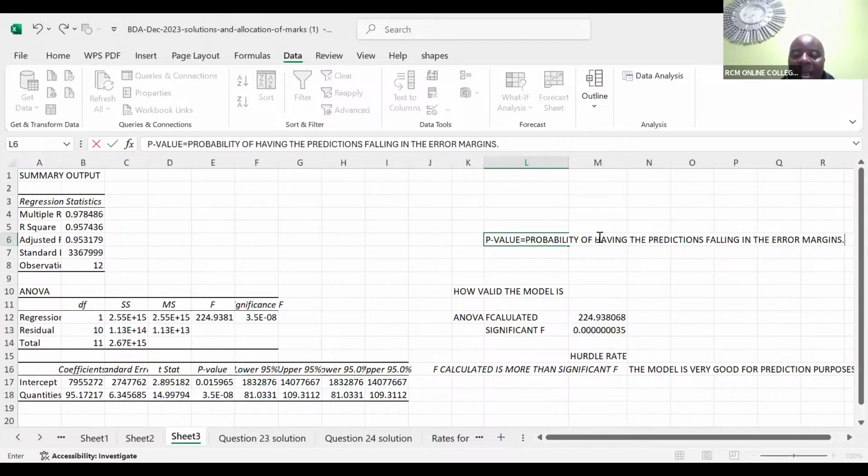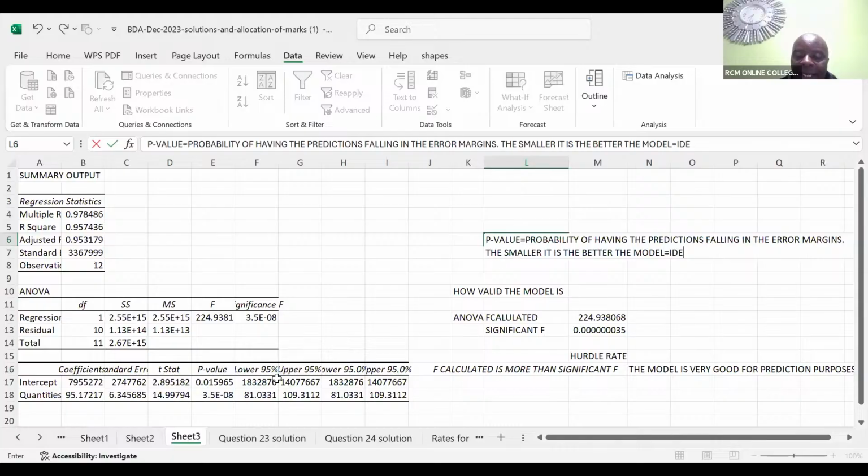The smaller it is, the better the model. Or the smaller they are, because there are many p-values here.